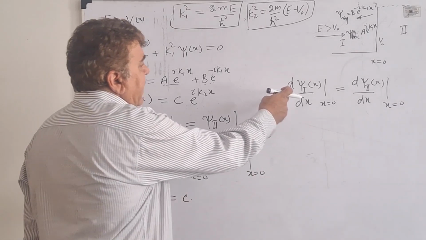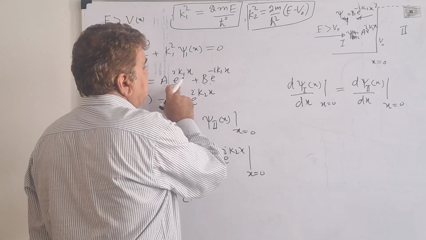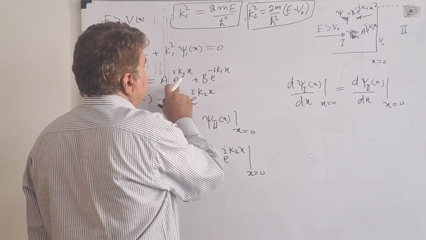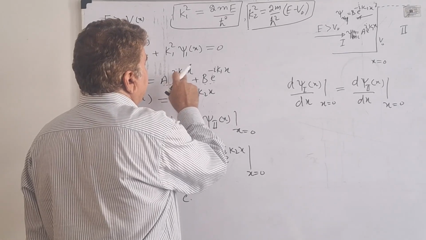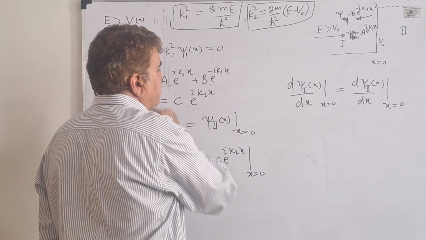So if I put the values on this side, I would have the derivative of this exponent plus the derivative of this exponent, and we see the derivative of exponent i k1 x is in fact equal to i k1 times the same function.